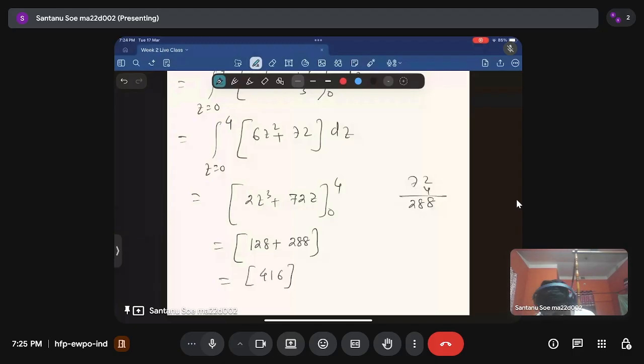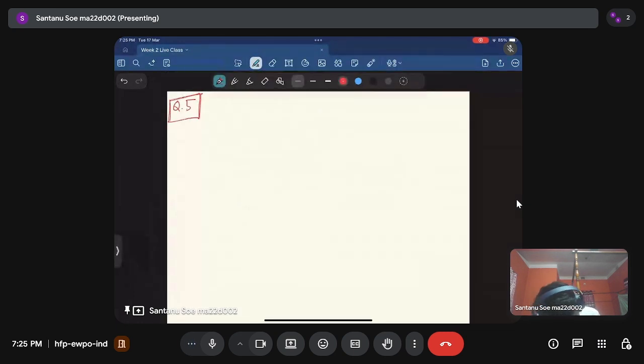Okay, so now we're gonna move on to the next question, which is question number 5. Verify the Green's theorem for the vector field F equals (x square minus y cube) i cap plus (x plus y) j cap.